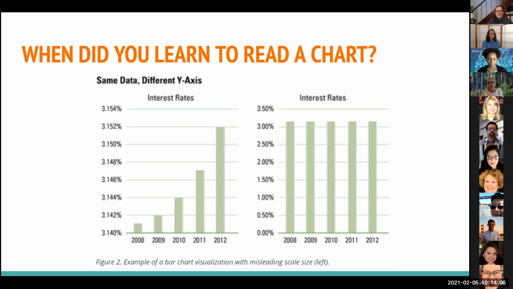And then on the left, it's broken out far more granularly, and it looks like there's some really, really staggering changes happening. So this also bears on the idea of domain contextualization. What are you looking at, and is this meaningfully representing what you're trying to convey and communicate with a visualization? So that's data literacy in a nutshell.